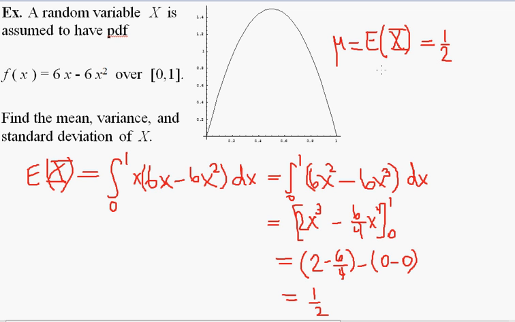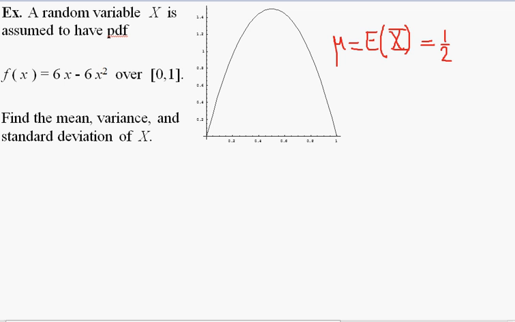Okay, so that's the expected value of x. Next we figure out the variance or the standard deviation of x. First off, let's get the expected value of x squared. Now this will be very similar to the integral we just did. I will integrate from 0 to 1 again.